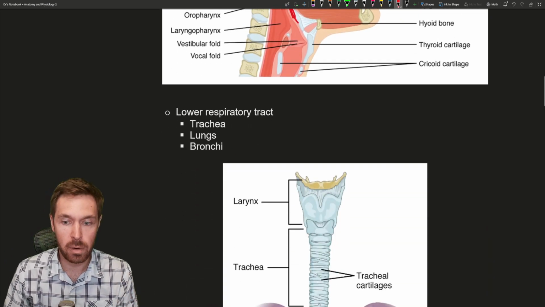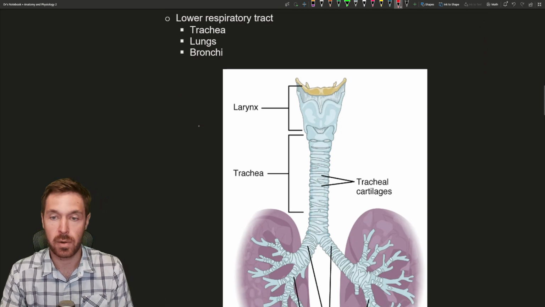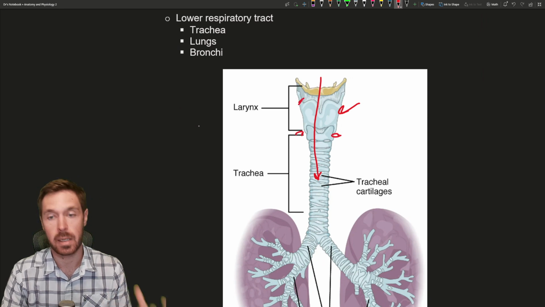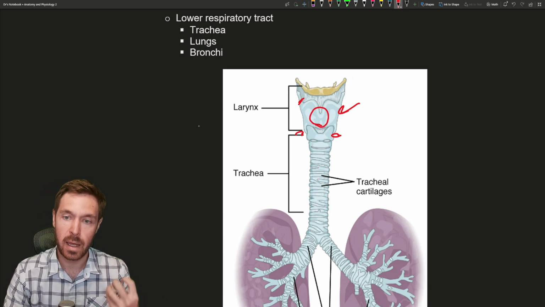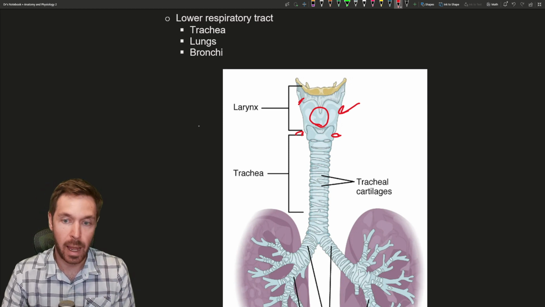Then we get to the lower respiratory tract, which begins with the trachea, lungs, and the bronchi. So air is coming down the trachea. Now, you can go into all the different cartilaginous rings that are found up here in the larynx region, but we're not going to get into crazy detail on that. Males have a larger laryngeal prominence right here, and that's known as the Adam's apple.